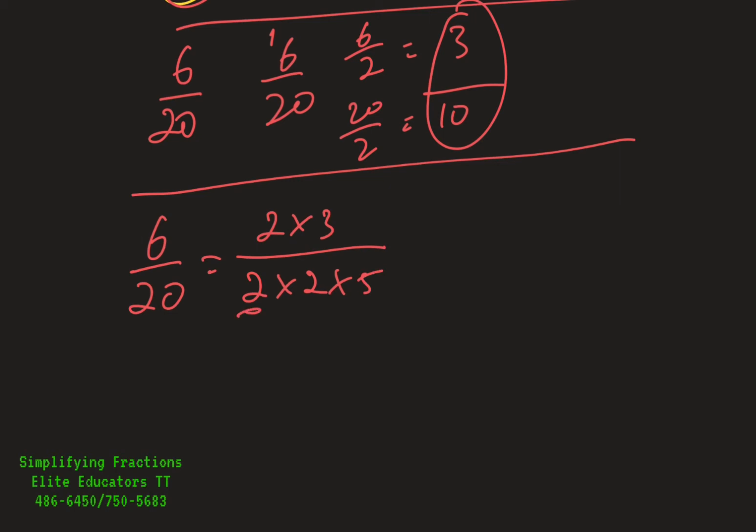Once we have that, we just cross them out. So we cross off 2, and that would leave us with 3 over 2 multiplied by 5, which will be 10, so 3 over 10.